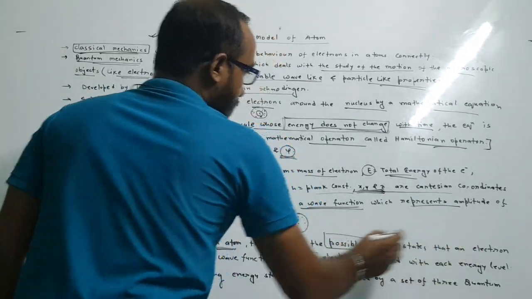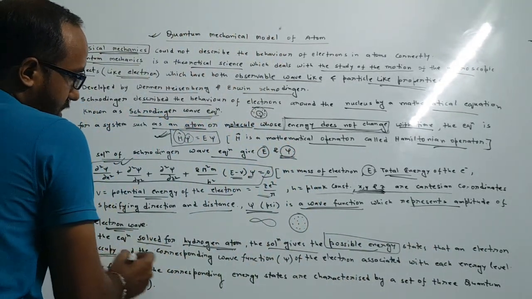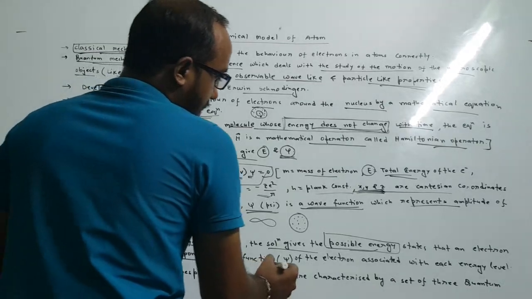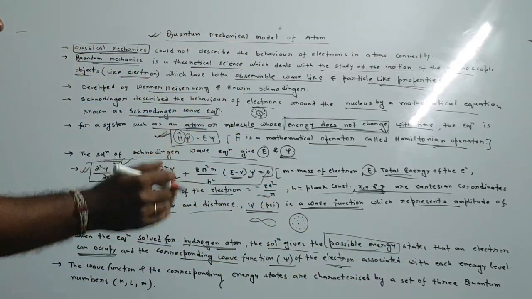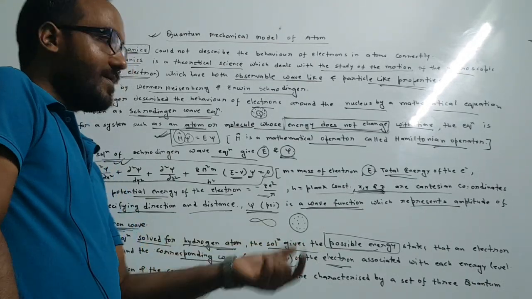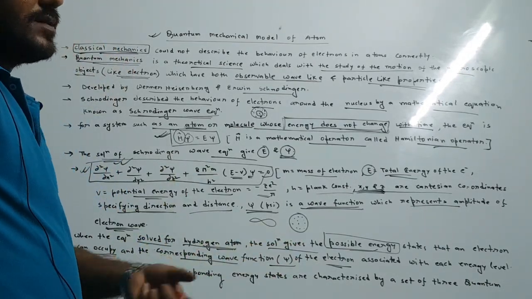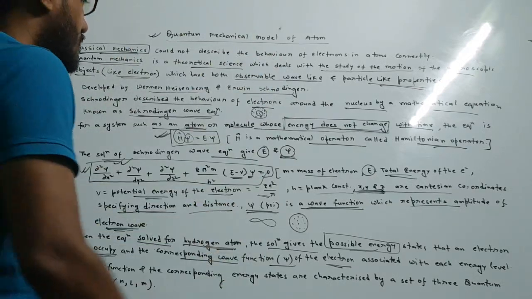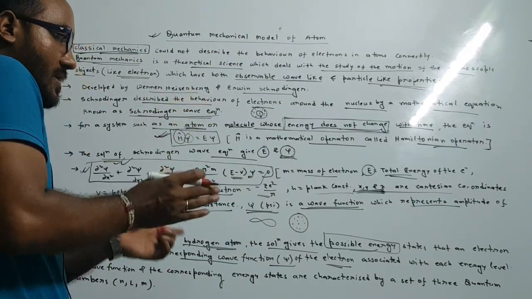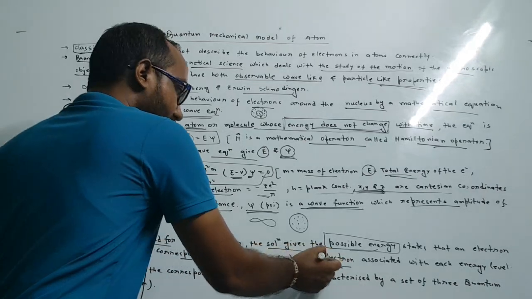Possible energy states that an electron can occupy and the corresponding wave function psi of the electron associated with each energy level, because if the electron jumps from a lower energy level to a higher energy level, then it would have some different position. So for that position the electron would have different energy.